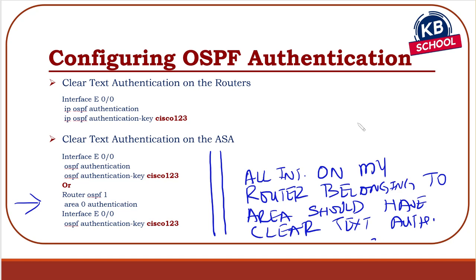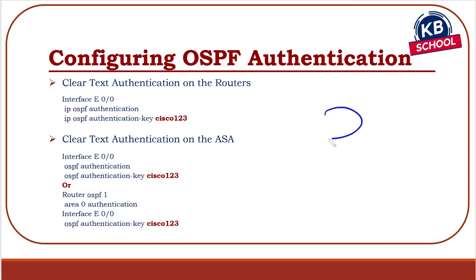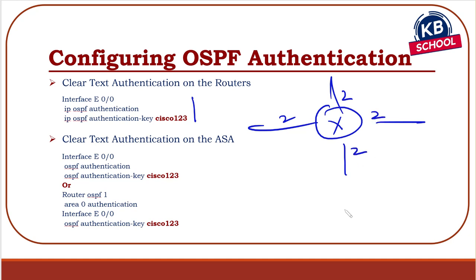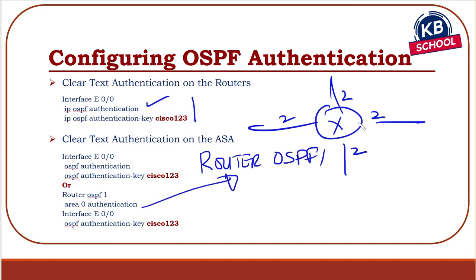How does it help? Let's say I had 4 interfaces on my device, all in the same area, area 0. So rather than doing 2 commands on each interface, in which one of the commands is common, which is specifying the authentication method, I could put the command under the OSPF process saying all interfaces belonging to area 0 should be authenticated based on clear text.